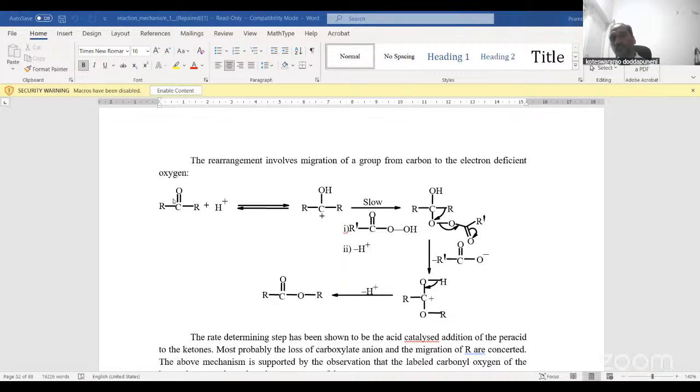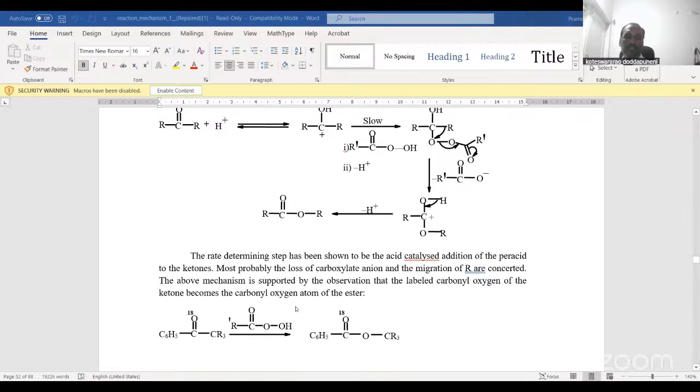Protonation of the carbonyl oxygen takes place, which gives a partial positive charge on the carbon. Then it undergoes addition of the peracid. This is a slow step, followed by hydrolysis, which leads to the formation of a hydroxy ester. Then it is further rearranged to produce the ester.